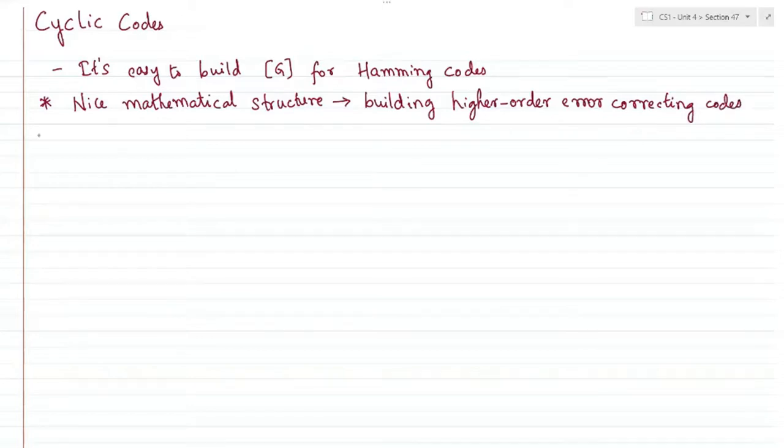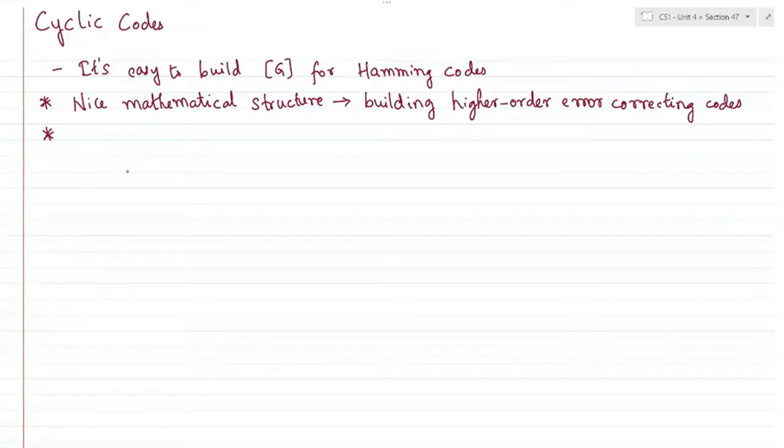The next attractive feature of cyclic codes is that the encoding and syndrome calculations that we have done even in the case of Hamming codes can easily be implemented in cyclic codes.